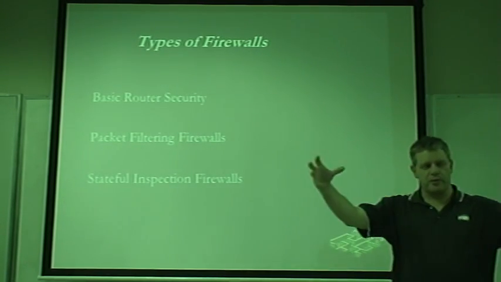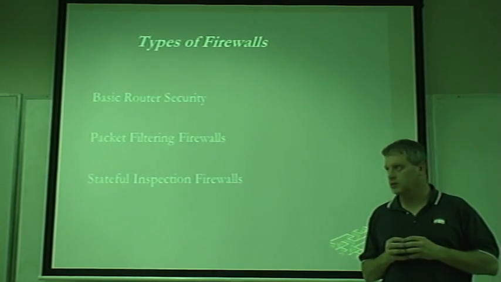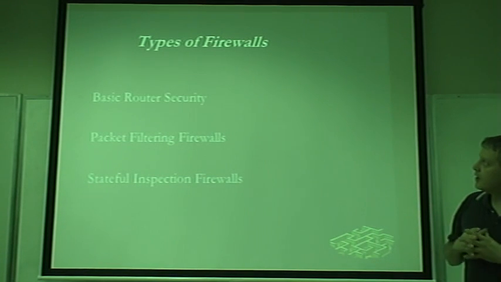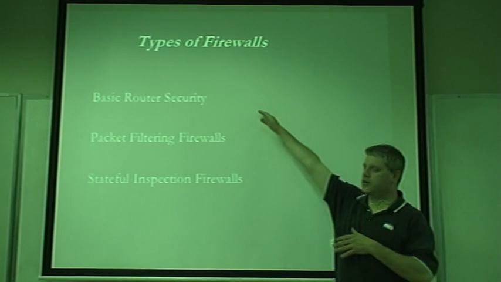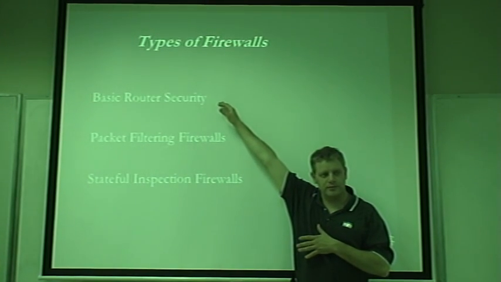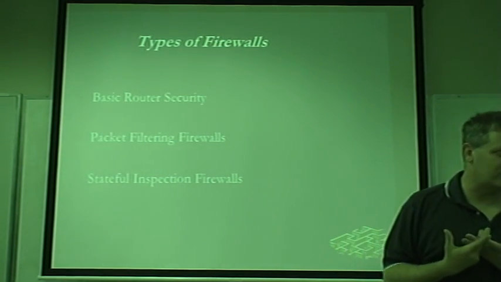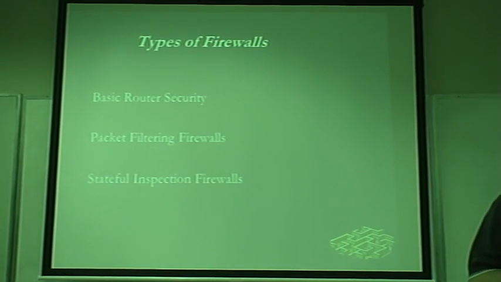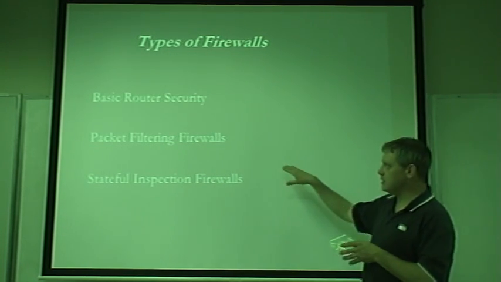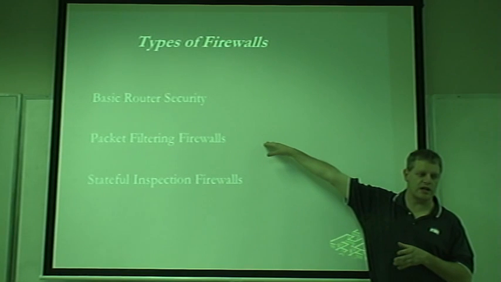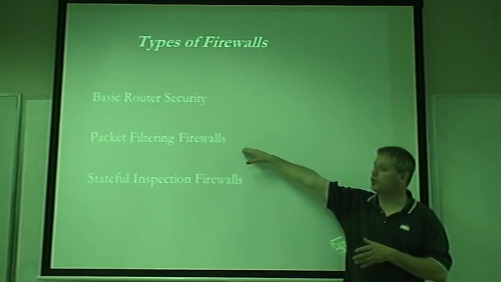Now, at the perimeter, your firewall is your key piece that blocks traffic. There are different types of things that you have to set up in a firewall. Basic router security, which is what we did in Lab 1. We want to make sure that the device is nicely locked down from remote access, for example. It will do packet filtering. Packet filtering is basically set up to look at source and destination address, source and destination port, and protocol.